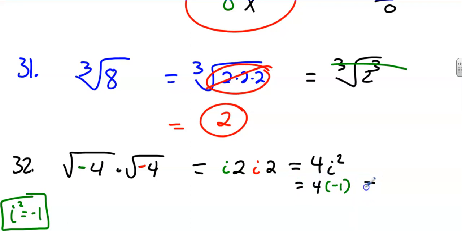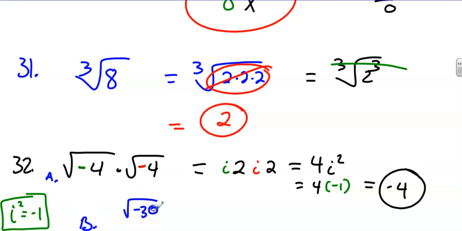So 4 times negative 1, and that would be a negative 4. Okay, and then part B was negative square root of 30 over square root of 5.